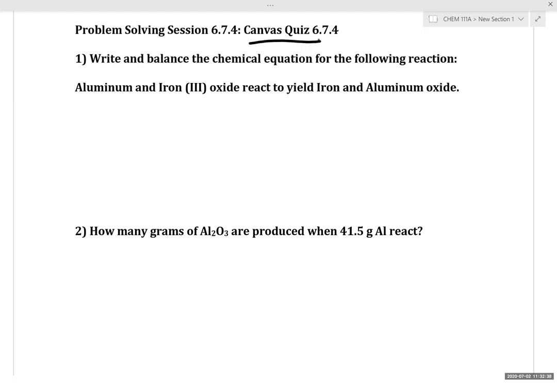So, let's work through this problem and make sure we're comfortable applying our skills at writing balanced chemical equations and utilizing that balanced equation for stoichiometry. And we'll discuss this example shortly.